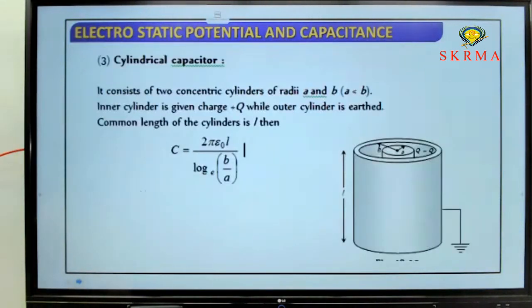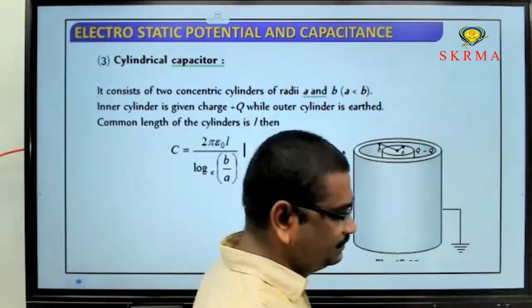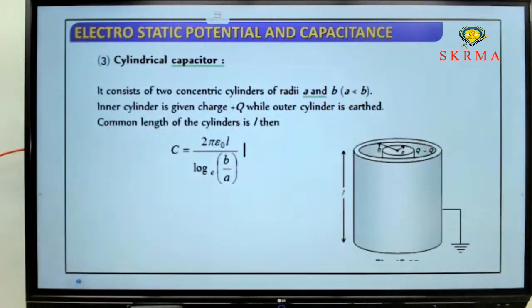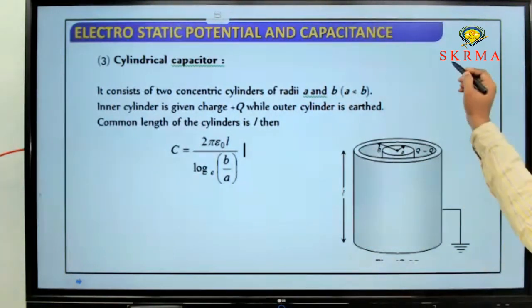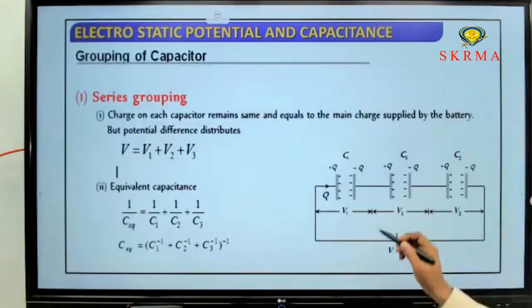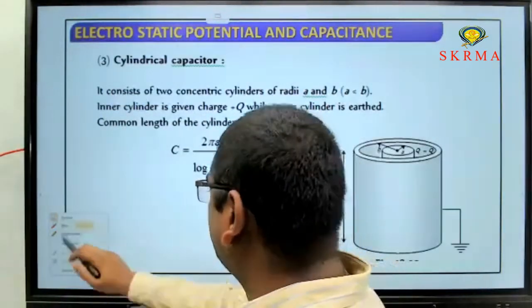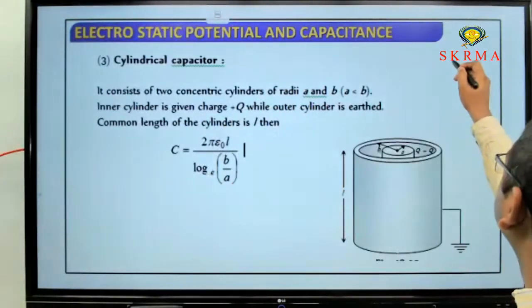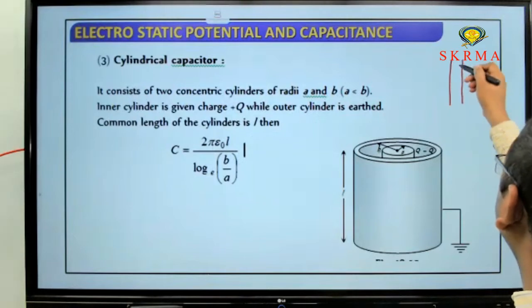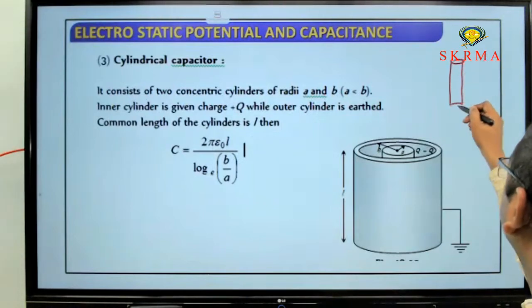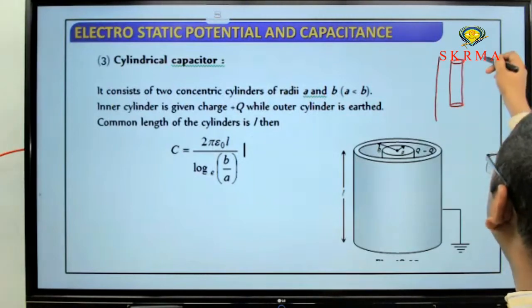Next one, cylindrical capacitor. What is the capacitance of a cylindrical capacitor? Cylindrical capacitor means there will be an inner cylinder as well as an outer cylinder.